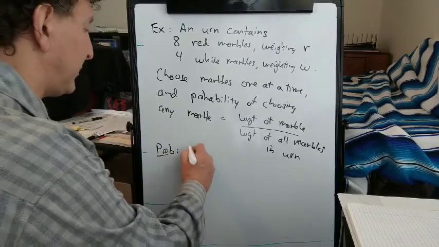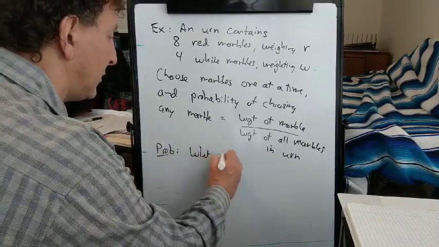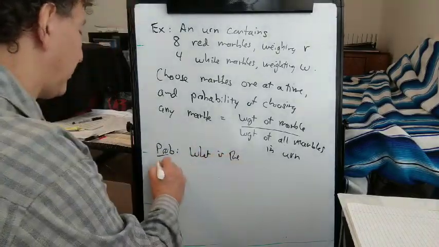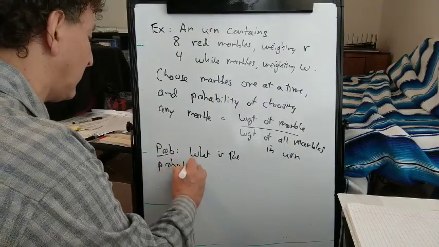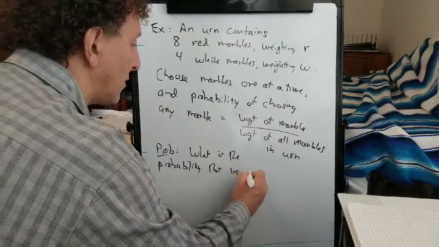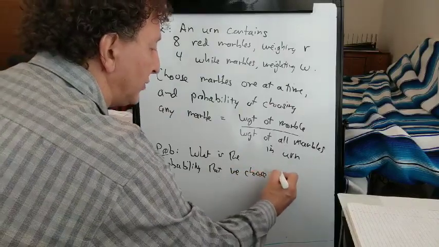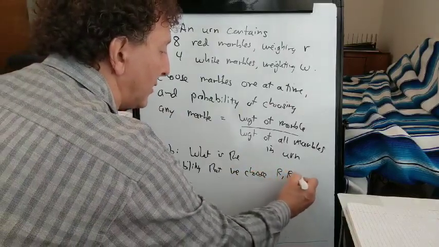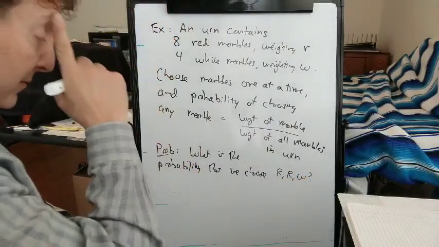Alright, so the problem is, what's the probability that we choose red, red, and white in that order?